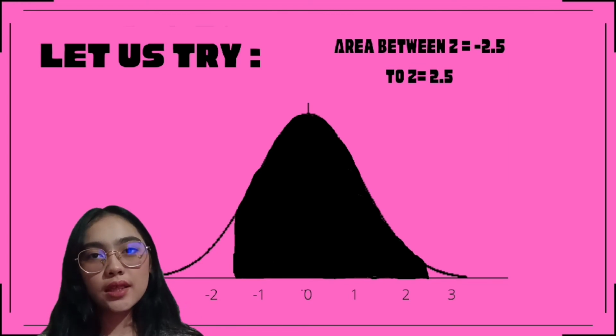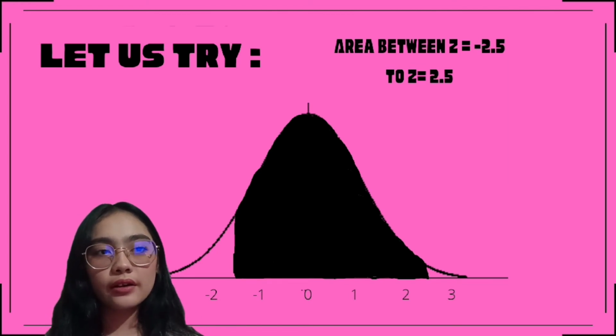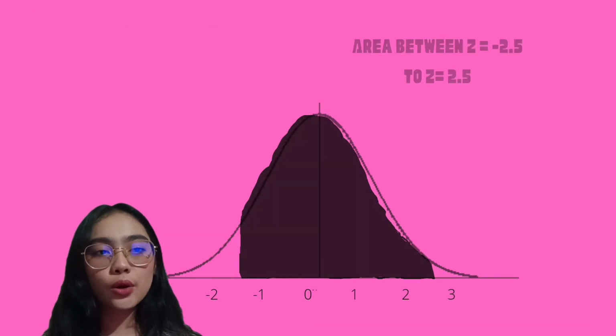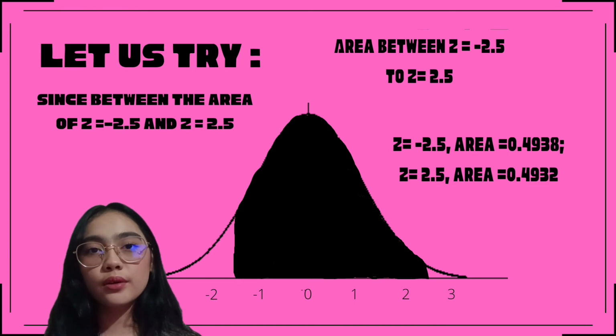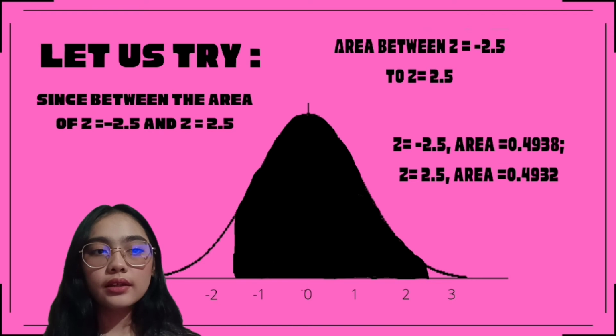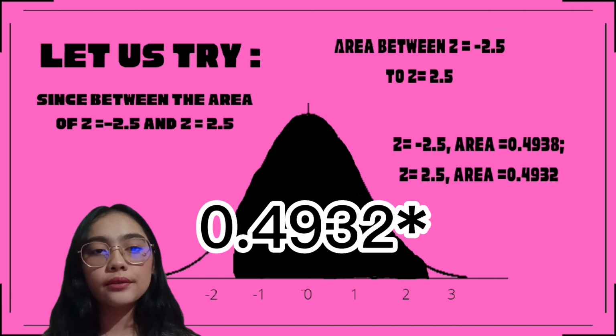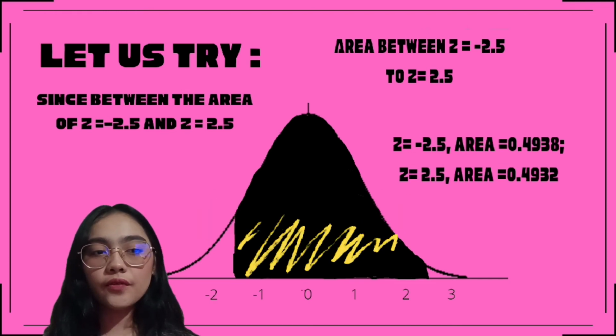For the last example, we will determine the area between z-score negative 2.5 and z-score 2.5. If we take a look at the z-table, we will also know that the area for negative 2.5 is equal to 0.4938, and the area for 2.5 is equal to 0.4932.